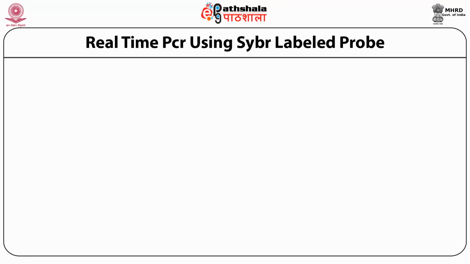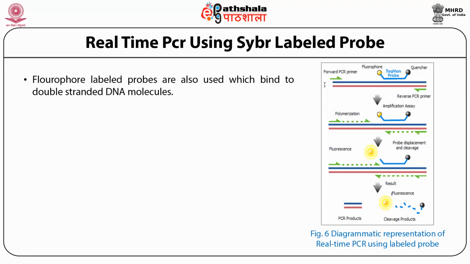Real-time PCR using labeled probe. This method is more sensitive as compared to the SYBR Green method. Here, fluorophore-labeled probes are used which bind to the double-stranded DNA molecule. The probe is an oligonucleotide having a reporter fluorophore dye and an acceptor quencher dye attached to its 5' and 3' end respectively.